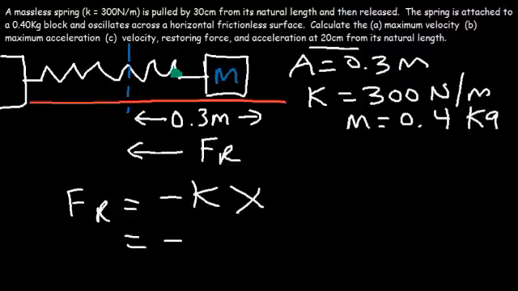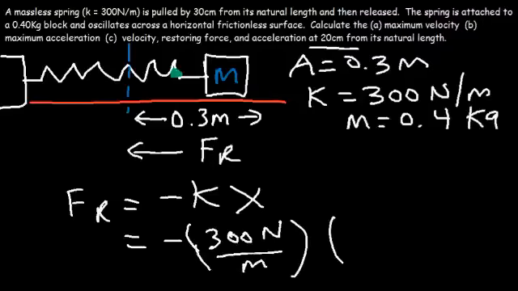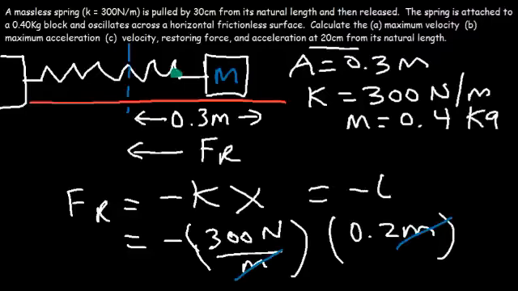So this is going to be negative 300 newtons per meter times x, which is 0.2 meters. Now in this case, we need to convert centimeters to meters because k is in meters. 3 times 2 is 6, so 300 times 0.2 must be 60. So the restoring force is negative 60 newtons. It's negative because it's directed towards the left.